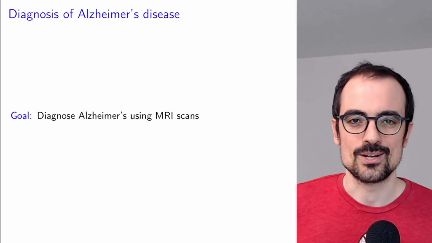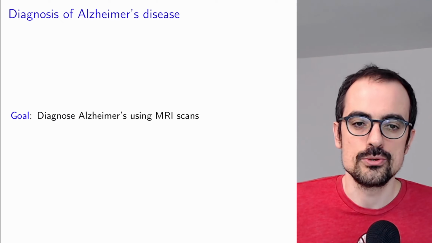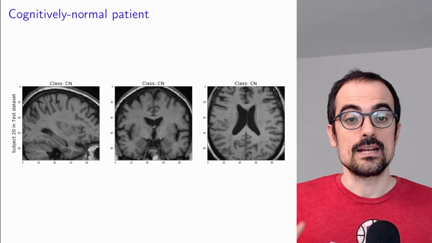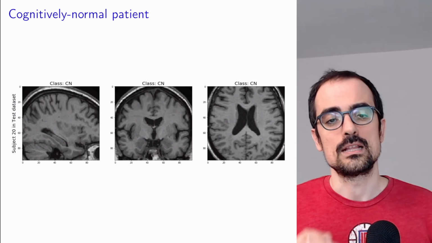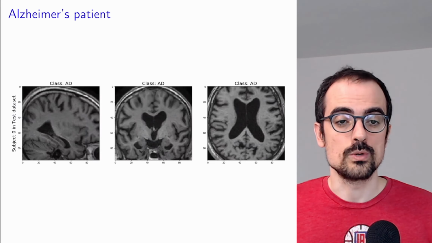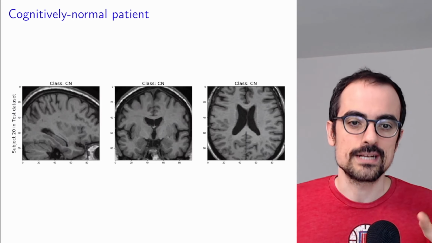Okay, so let's take a look at an example where we apply this to diagnose Alzheimer's using MRI scans. Again, what happens in Alzheimer's? When we compare the MRIs of cognitively normal patients to Alzheimer's patients, what we realize is that the brain regions shrink.